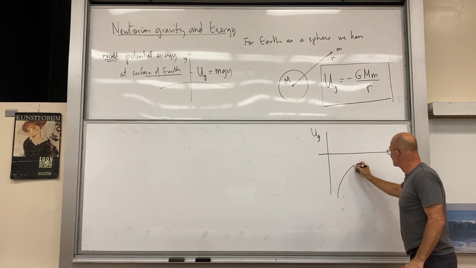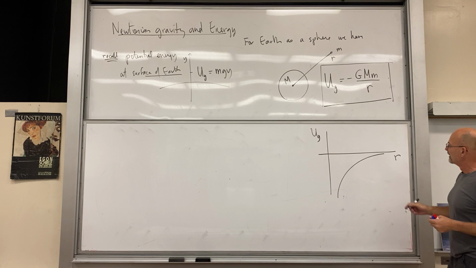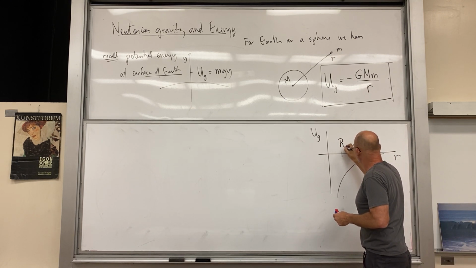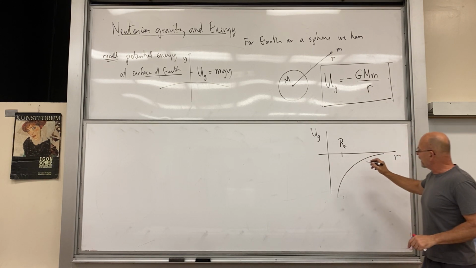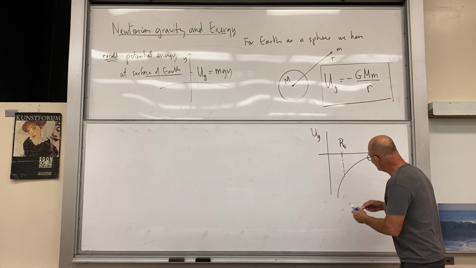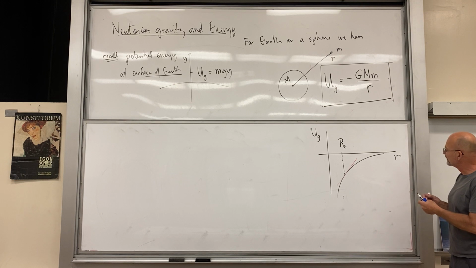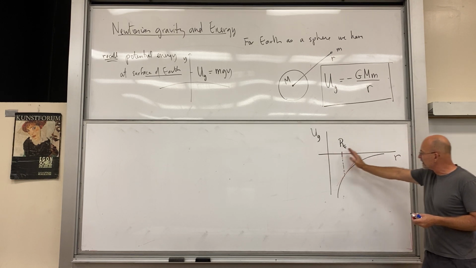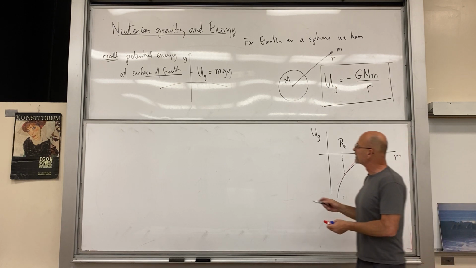So it's like this. Okay. And if we call this the radius of Earth, since we're talking about the Earth sometimes too, then we see that this is an increasing function of the distance going away from the center of Earth.